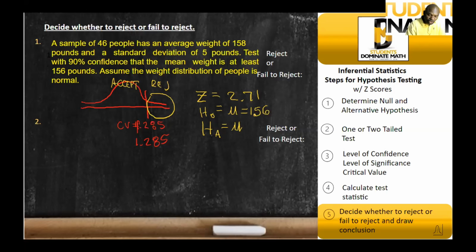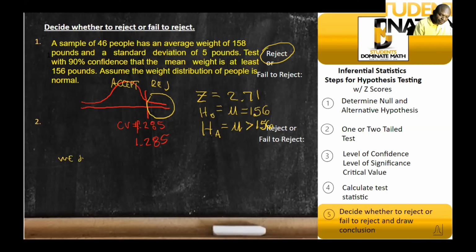We would go to our alternative hypothesis, which said that mu was greater than 156.